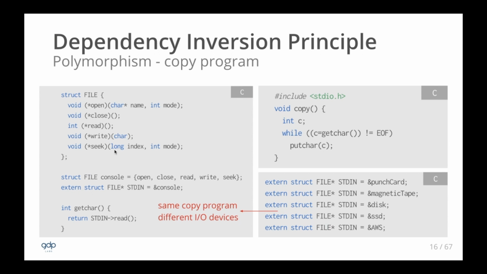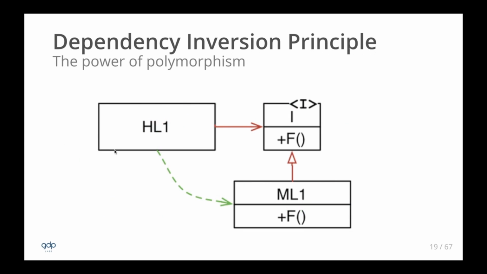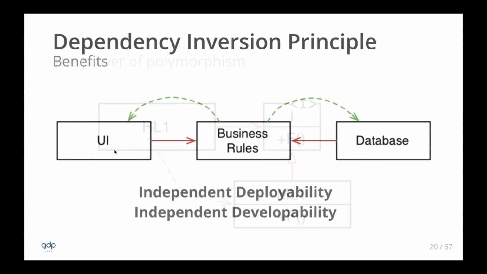It's universal. Now, okay, we can invert the dependency direction every time we want, but what are the benefits? Why do we want to do it? For the copy program, we have seen the benefit. We don't need to recompile the copy program each time we have new I/O devices. So what's the abstraction of this? What are the higher level benefits?